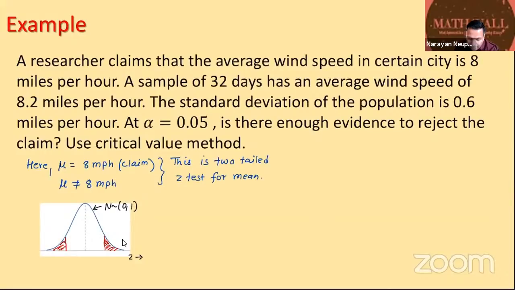And this total area on the tails will be equal to the significance level 0.05. And that is divided into two parts. That means on each tail, you have 2.5%, or half of 0.05, which is 0.025.